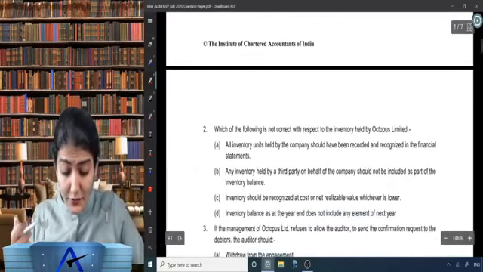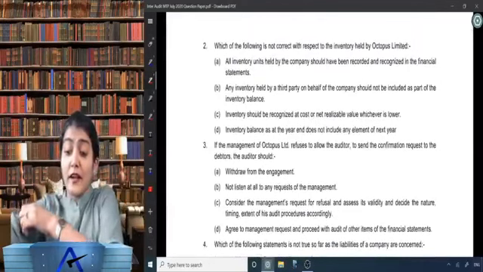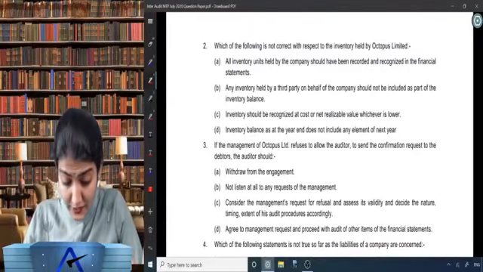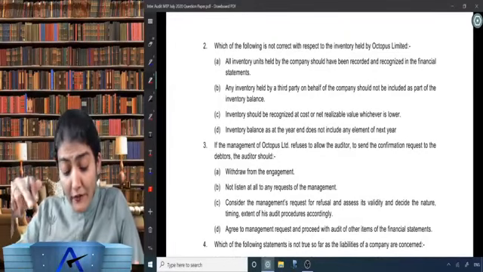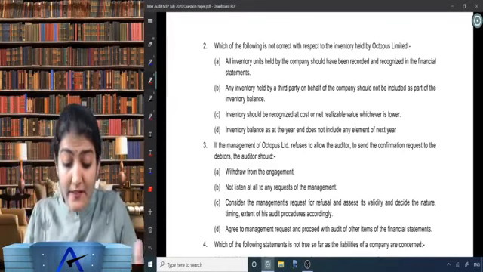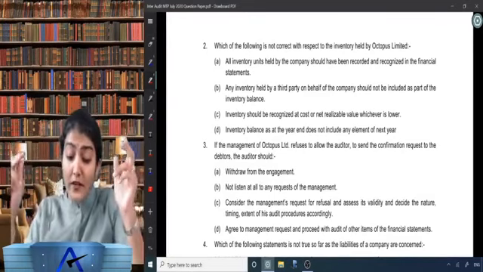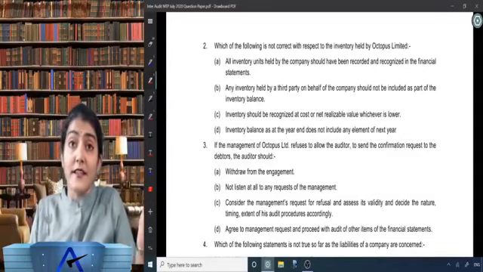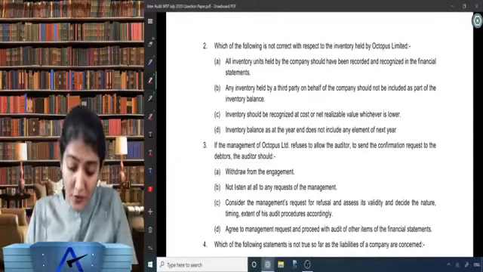Next one. Which of the following is not correct with respect to the inventory held by Octopus Limited? All inventory units held by the company should have been recorded and recognized in the financial statements. Correct, that is completeness. So whatever is the physical stock, accordingly should be the book stock.